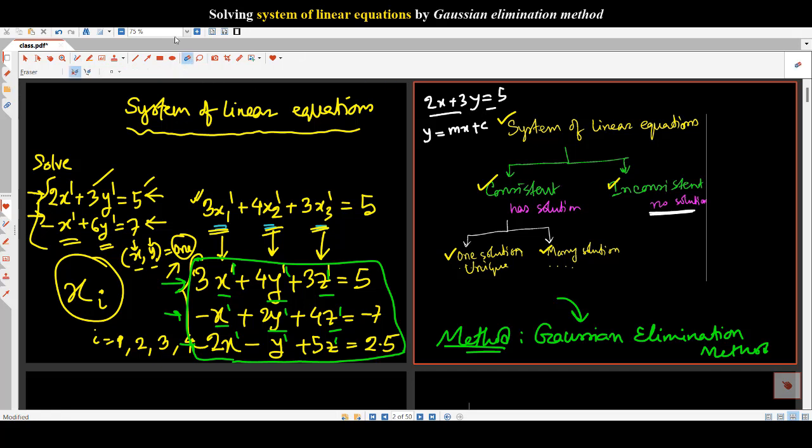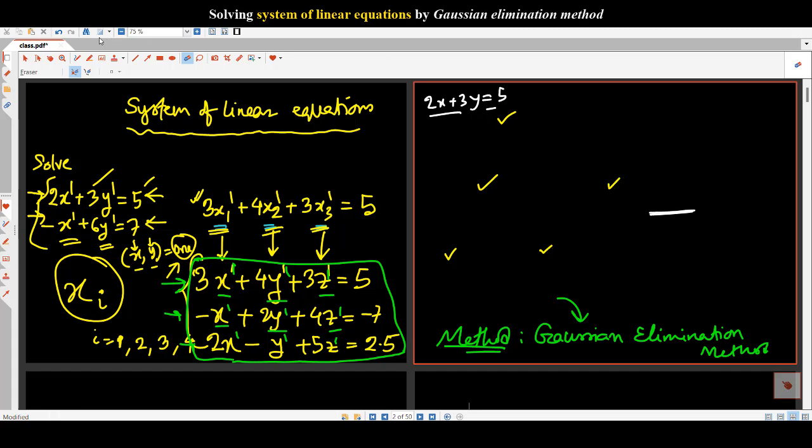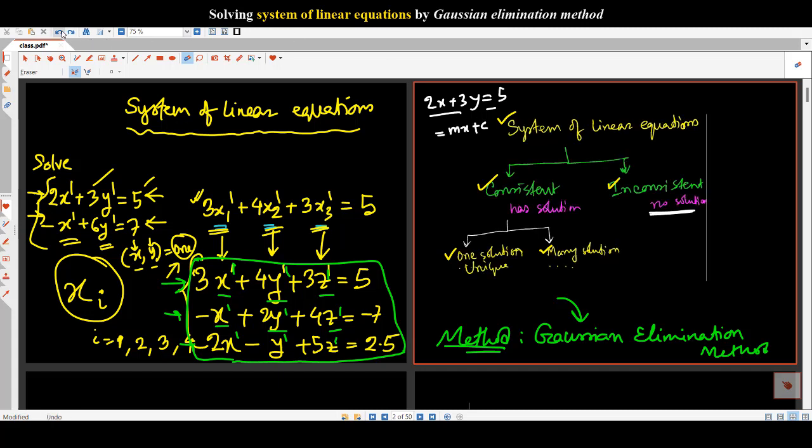So the main thing is the equation that we have in two variables, x and y only, that are actually straight lines. You will get straight lines like this. You have total two equations. You will get line 1, you will get line 2.